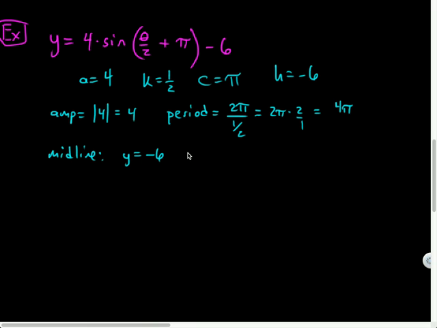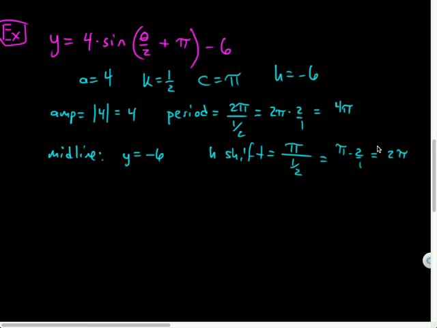And what is the H shift? H shift is pi over 1/2, which then equals 2 pi.